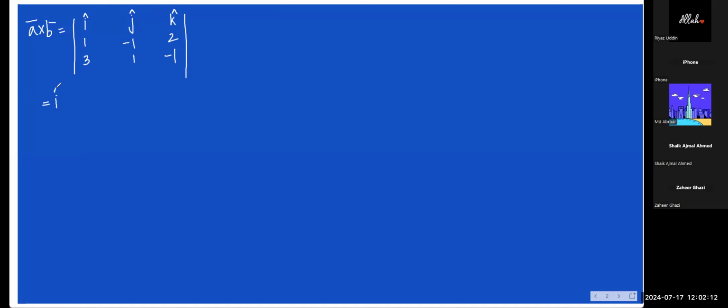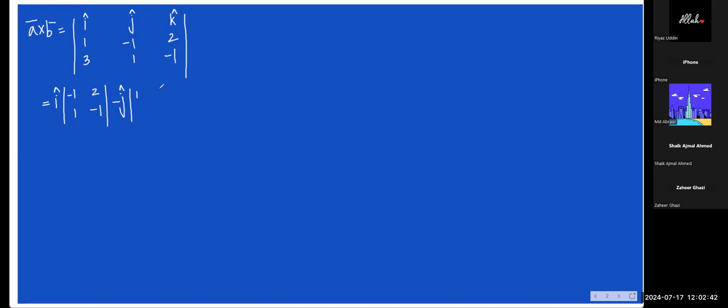If you are doing with respect to I, the row and column that I belongs to we have to neglect, and the rest of the values you have to write: I times the determinant of minus 1, 2, 1, minus 1. Then minus j cap times the determinant of 1, 2, 3, minus 1, neglecting the corresponding column and row.